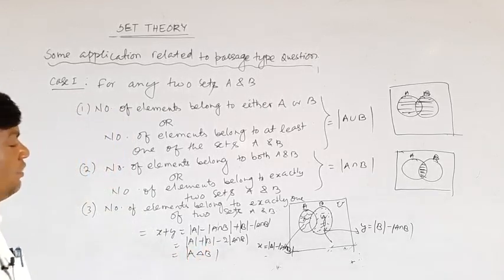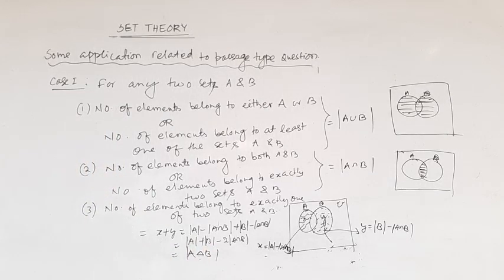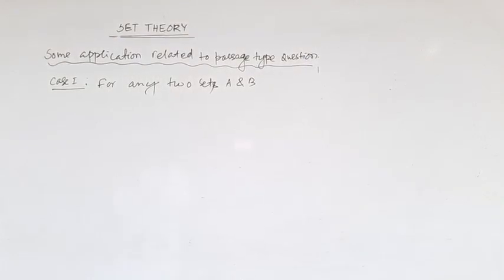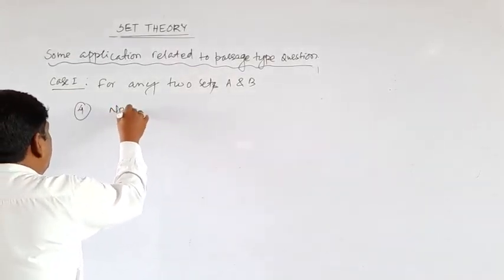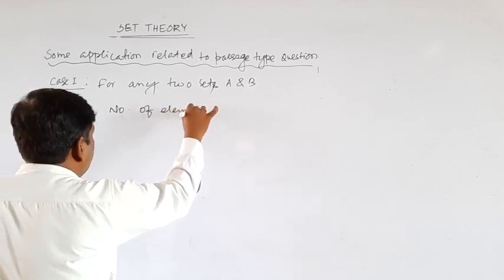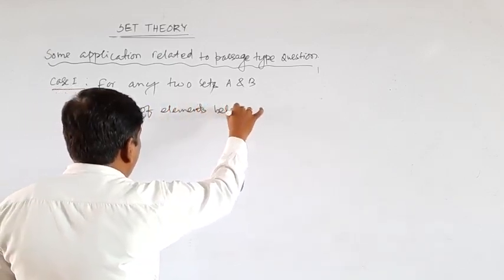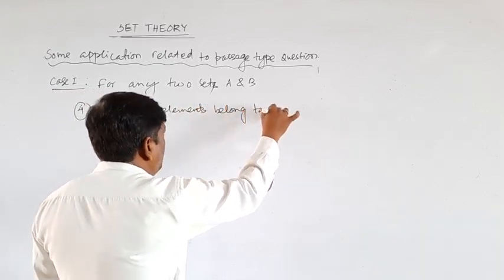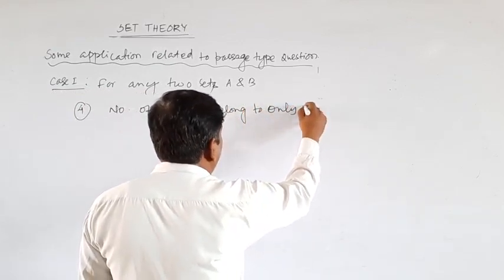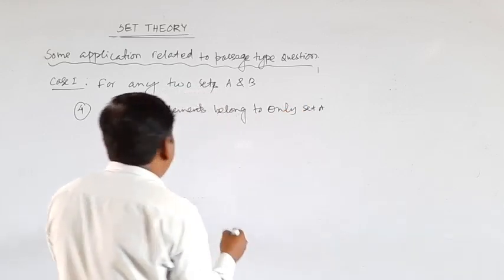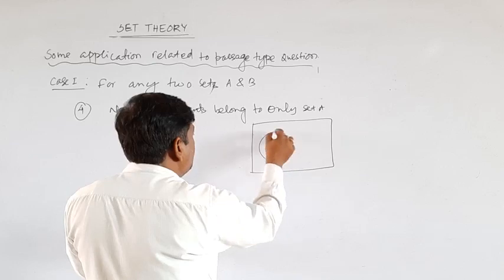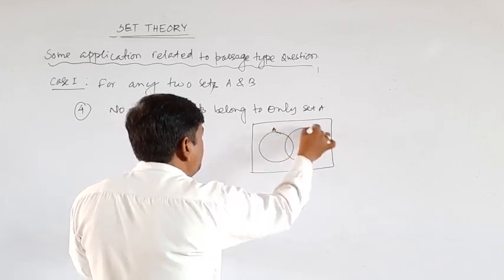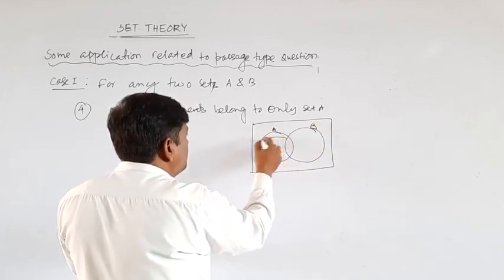Number of elements belonging to exactly one of the two sets A and B. Number 4 is number of elements belonging to only set A. Only set A. The Venn diagram is here. This is the universal set, this is set A and this is set B. Only A means this.